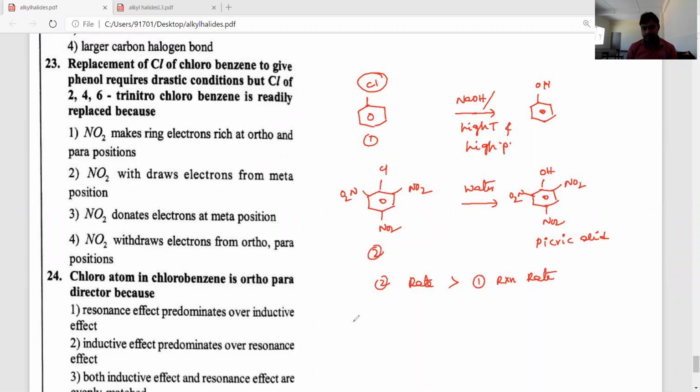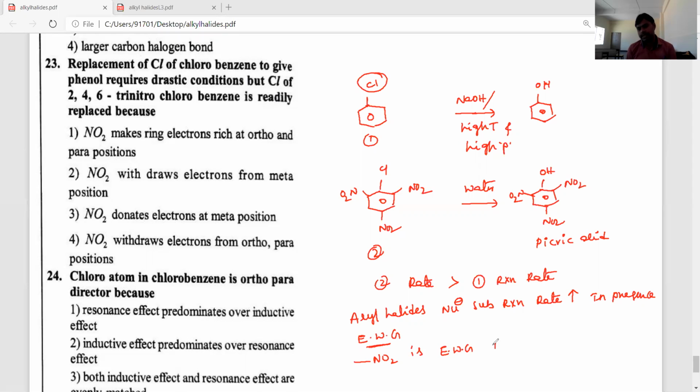But the rate of nucleophilic substitution reactions of aryl halides increases in the presence of electron withdrawing groups. NO2 is an electron withdrawing group.